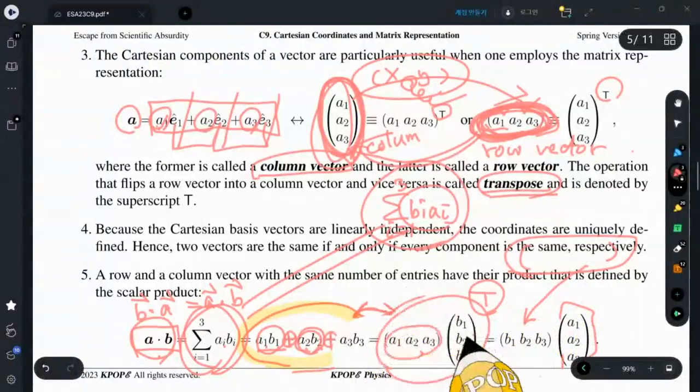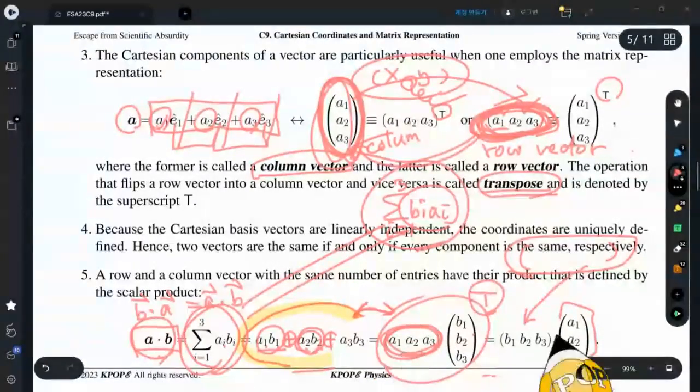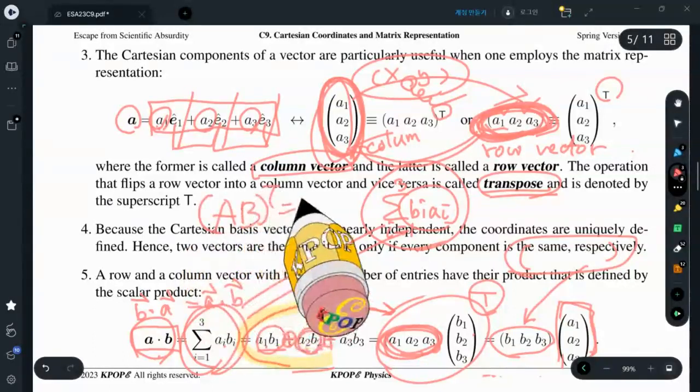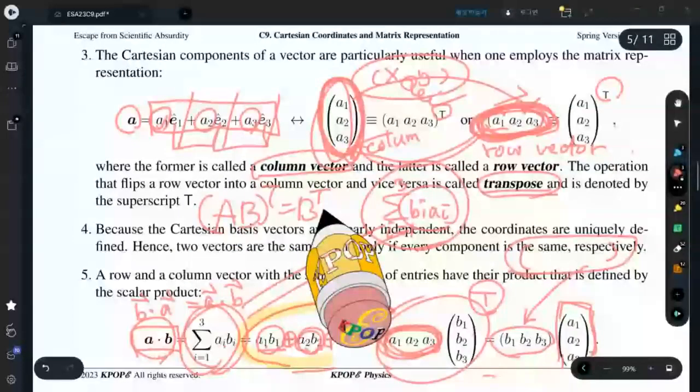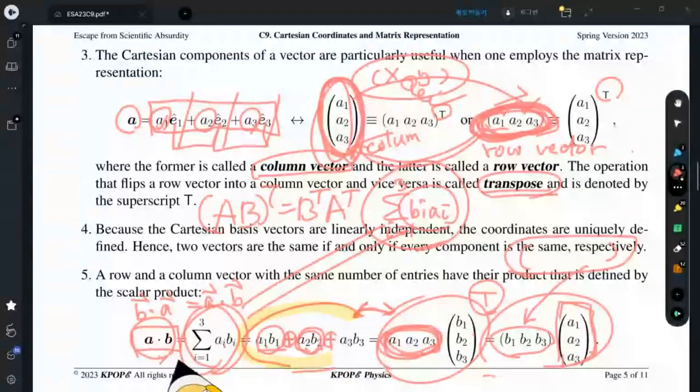If I replace this one with a transpose, the row becomes a column, and I told you a row always appears in front of a column. Therefore, this row becomes a column, and that column should be written on the right side of a row. So, in general, the matrix product transpose is always upside down, but this is based on the very simple fact that scalar product is commutative.